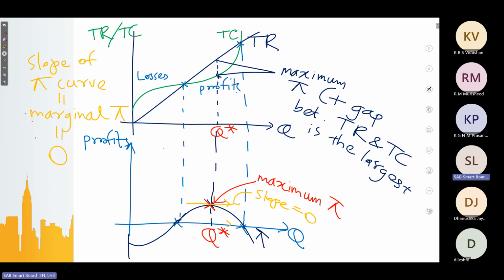Technically, the slope of the profit curve is called marginal profit.